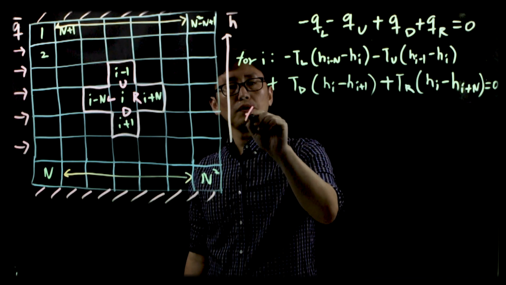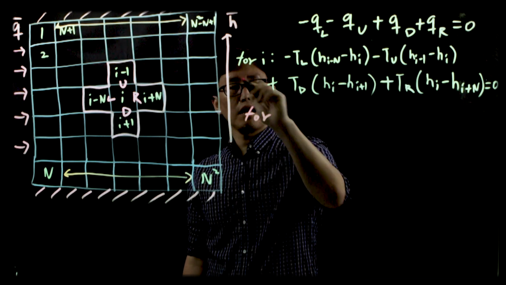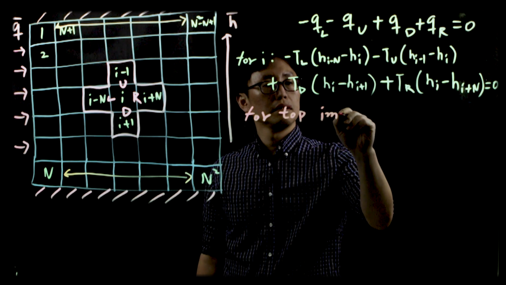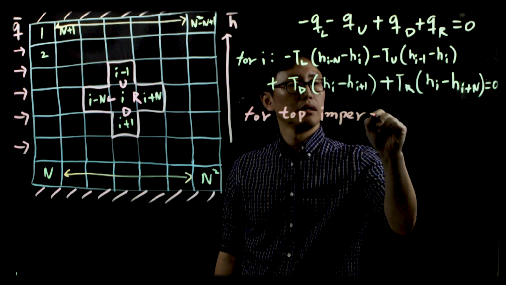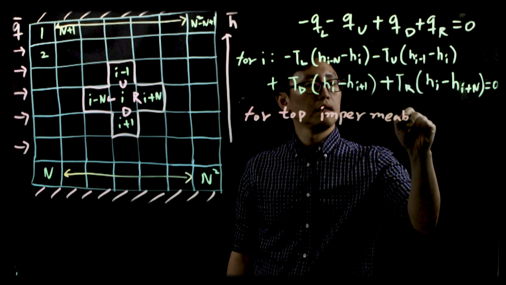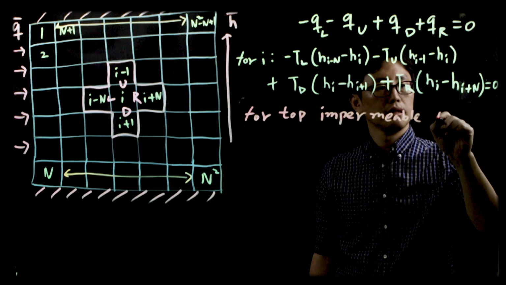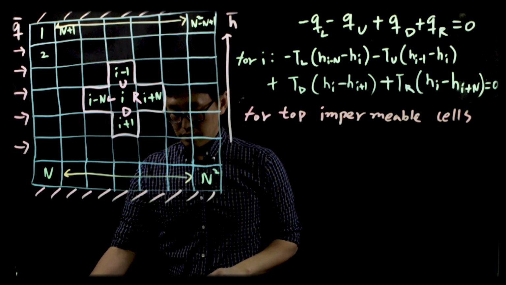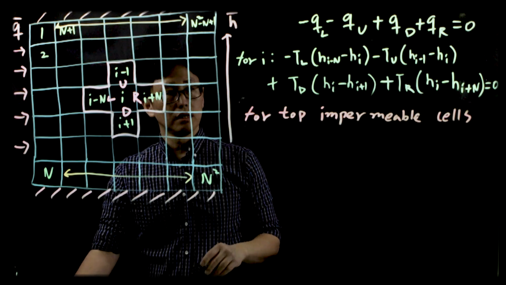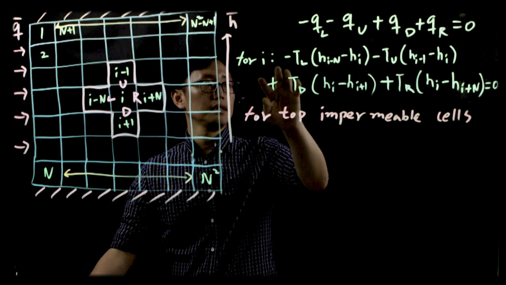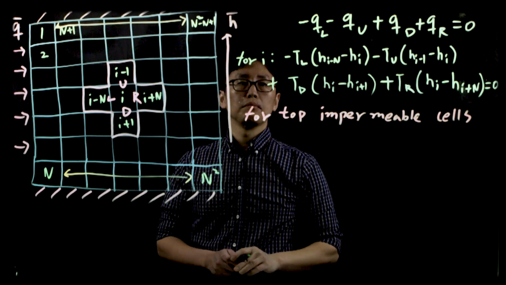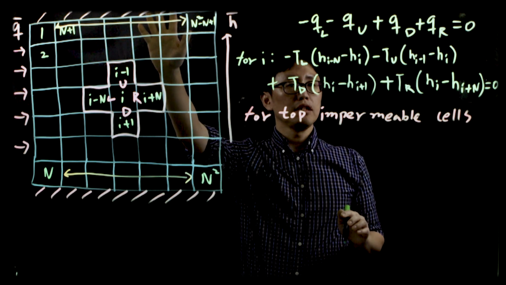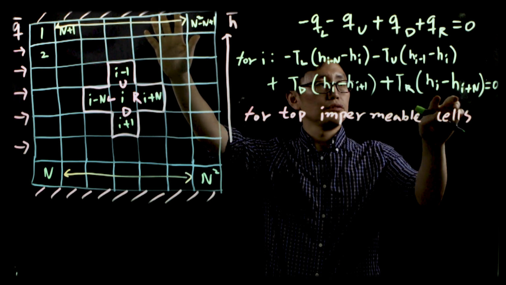For the top impermeable cells, we still use this full equation, but we need to cancel out the upper interface cells, which is corresponding to this.